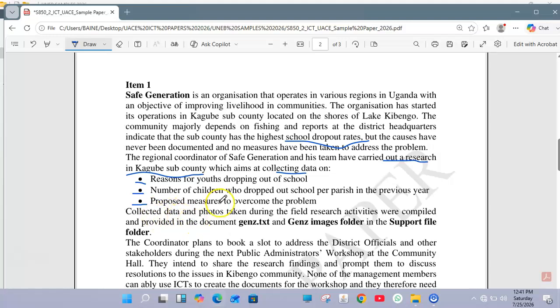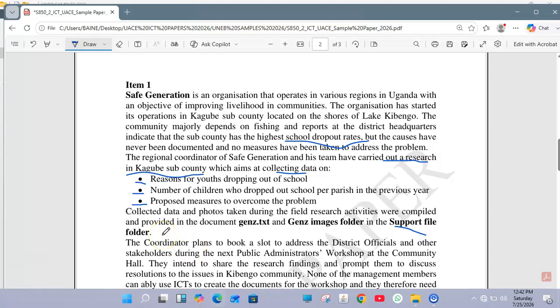Collected data and photos taken during the research activities were compiled and documented in the GenZ.txt file and GenZ images folder. They are in the support file folder as provided.